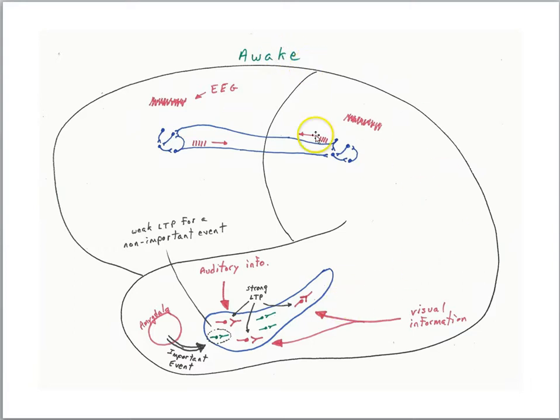So the cortex is busy processing what it is that your senses are presenting, as well as you can have internally generated thoughts and feelings and memories as well. But the idea is that the EEG signal is reflecting very complex patterns of conversations between neurons locally and over long distances.